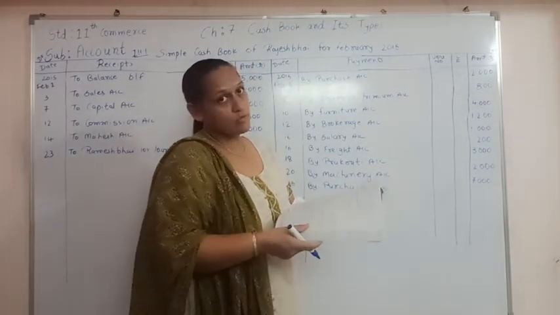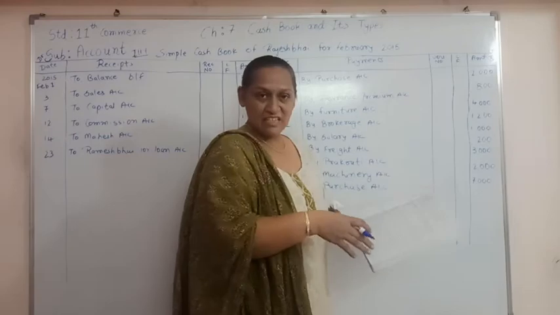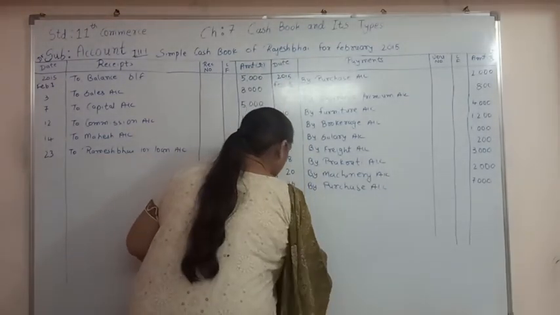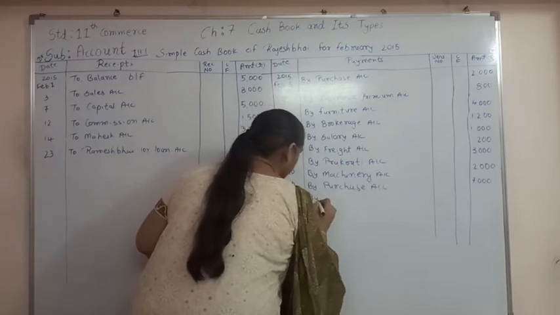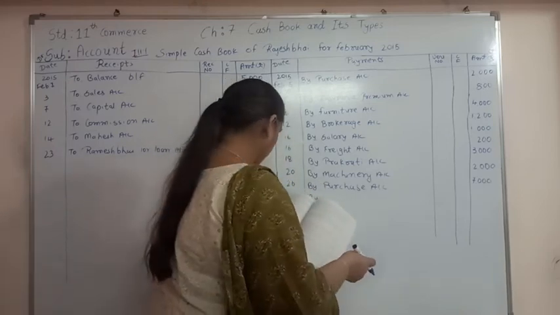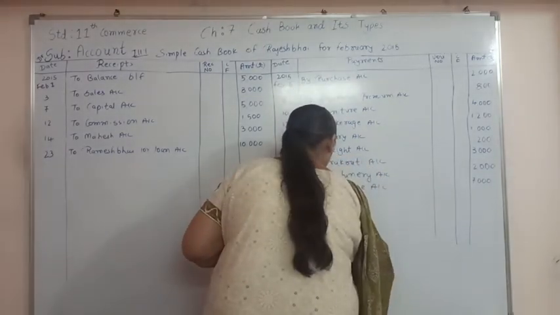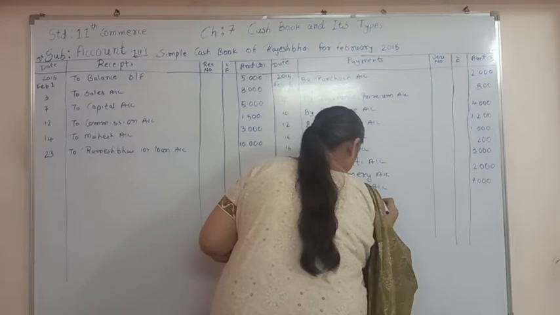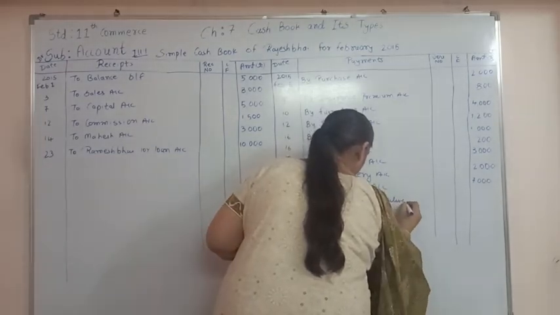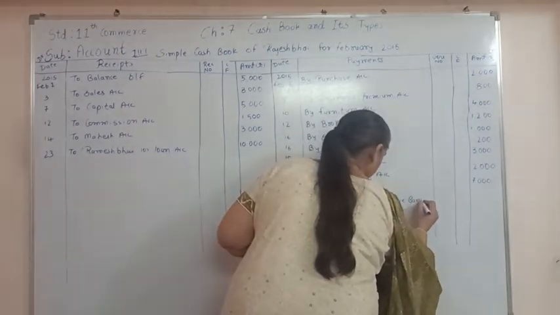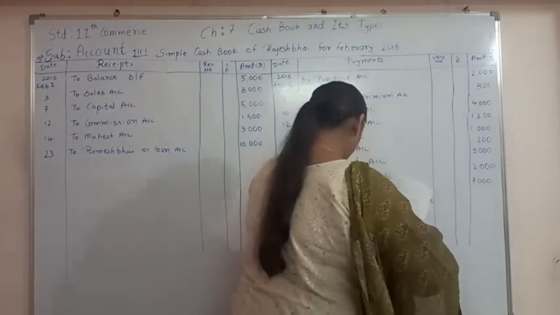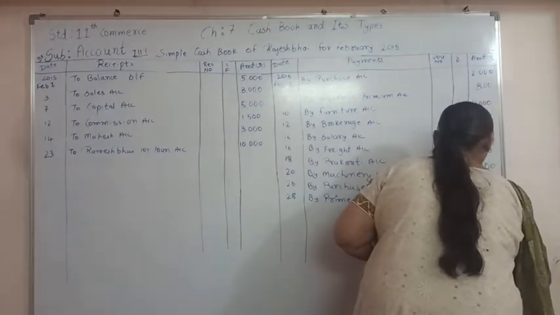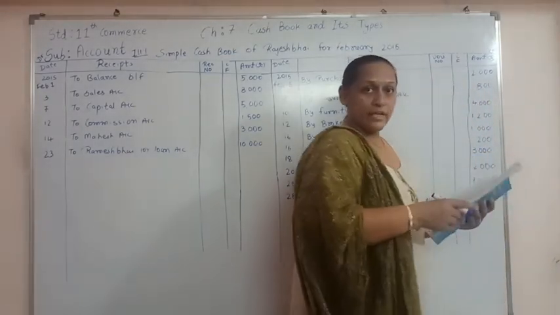When we are depositing money in a bank, the cash is going out of the business, so we write on the credit side, 28, by Prime Cooperative Bank account, and that will be 3,000.